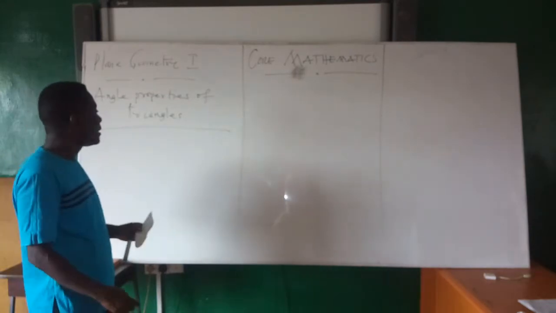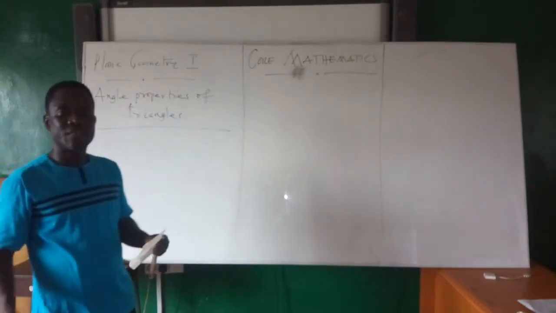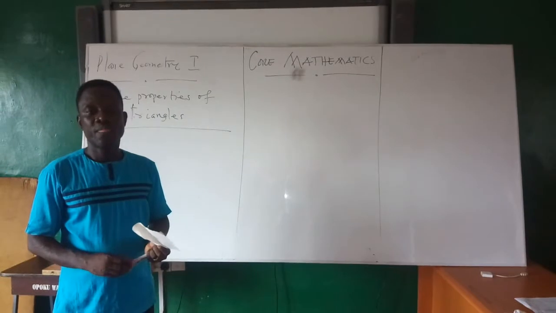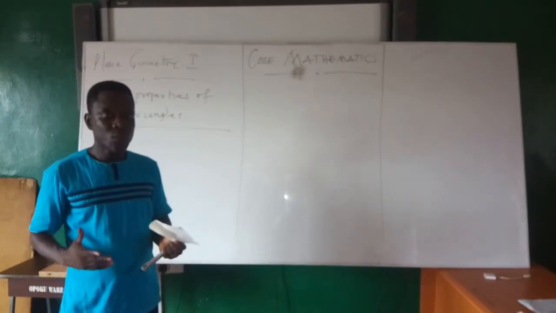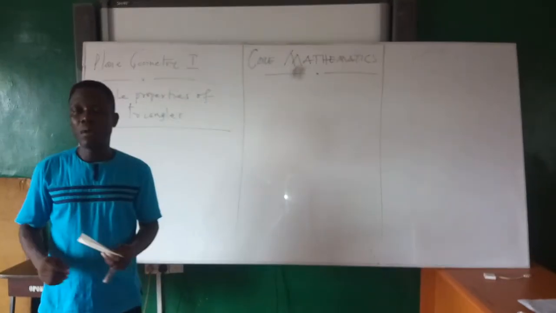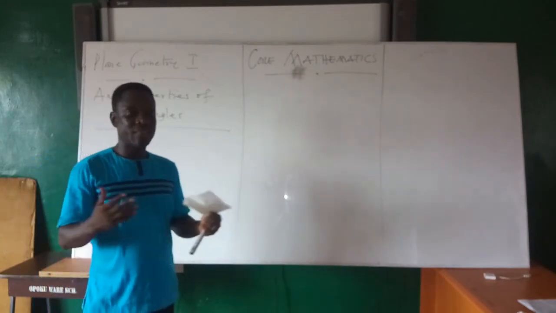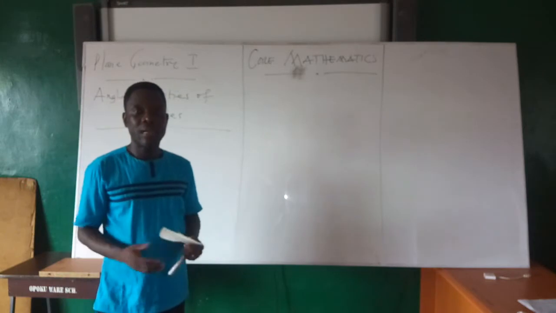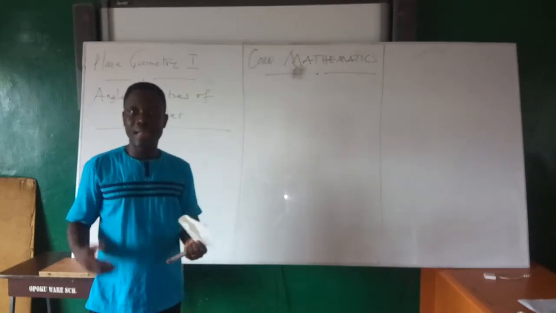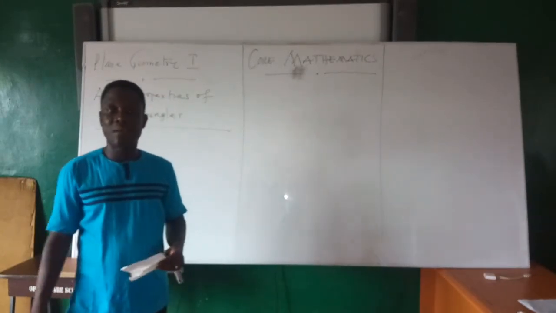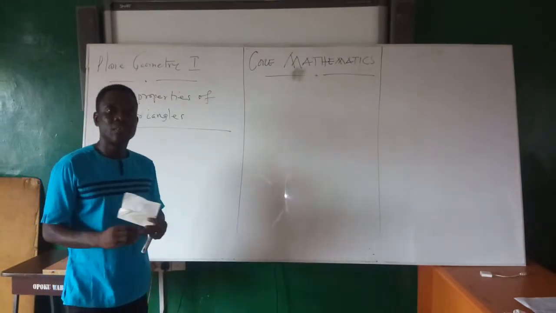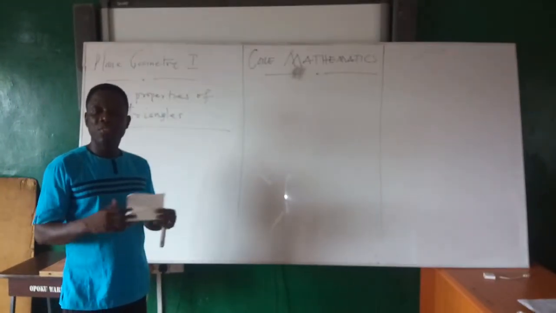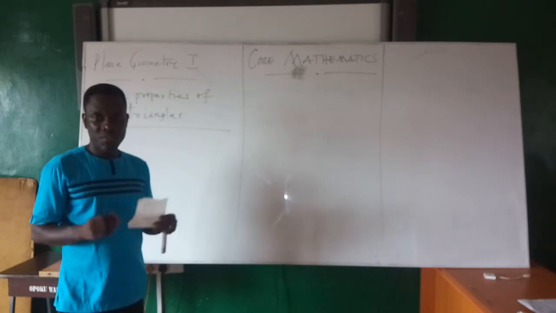So for a start, the obvious question is, what is a triangle? I'm sure from your basic school and JHS up to this level, you should have some understanding. But in short, a triangle is any three-sided plane figure.